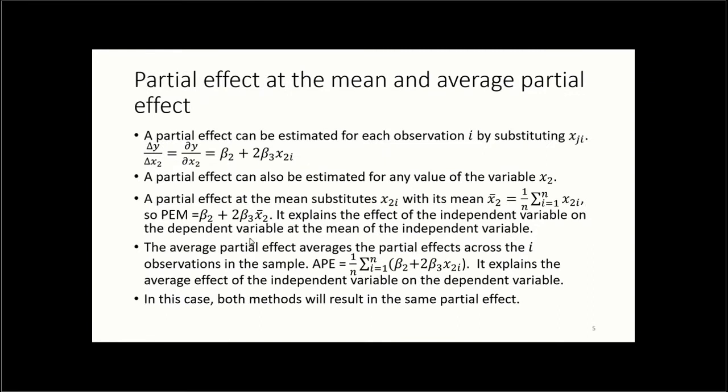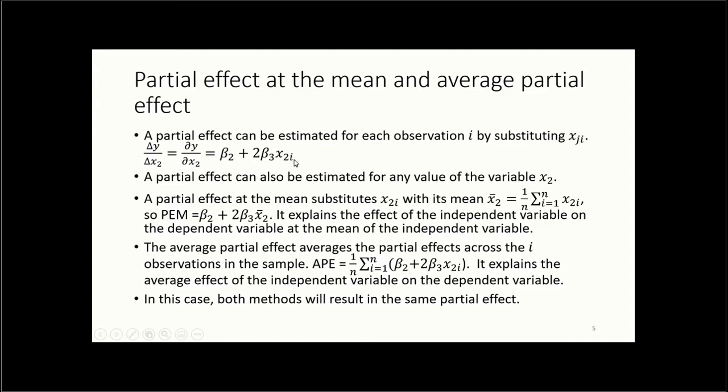So a partial effect can be estimated for each observation i by substituting x_ji. So let's say we have the change in y over change in x2. Well, this was the expression, and here we can plug in the x2 value for each observation i.